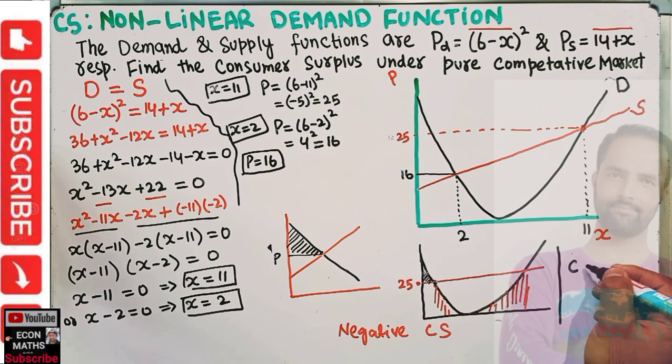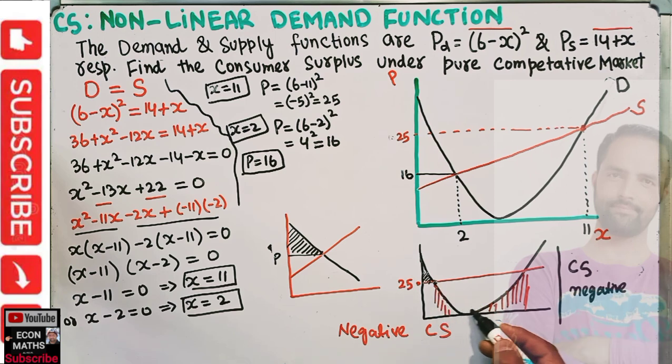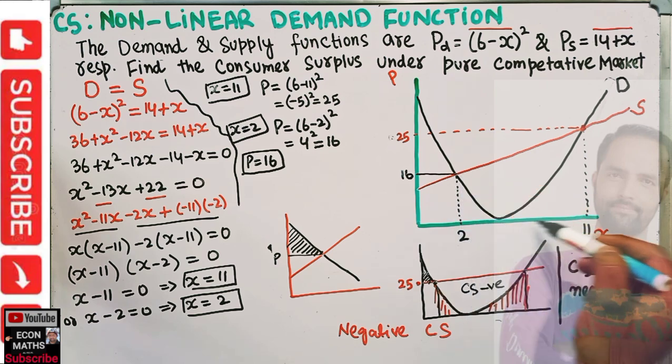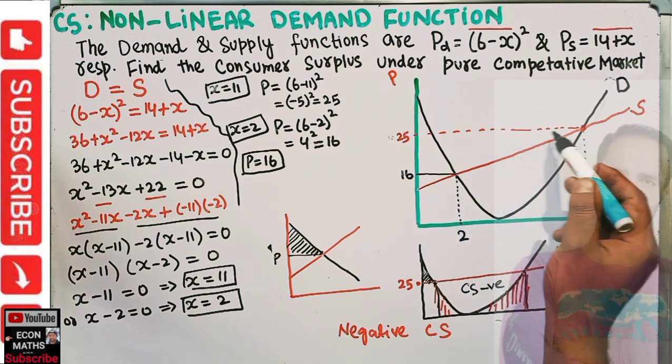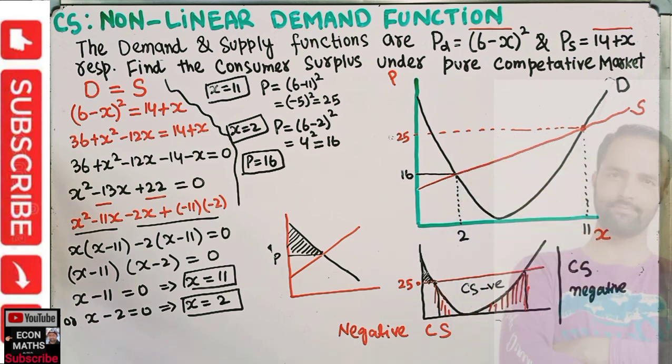So our consumer surplus is negative in this area, up to this area. So this area will be a negative consumer surplus.